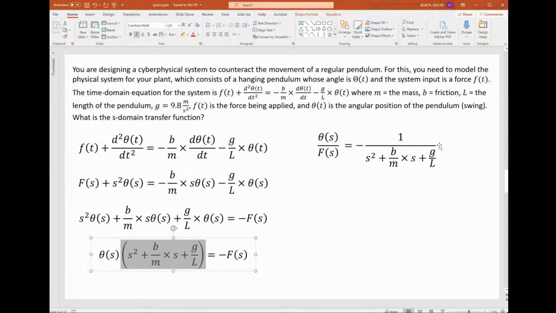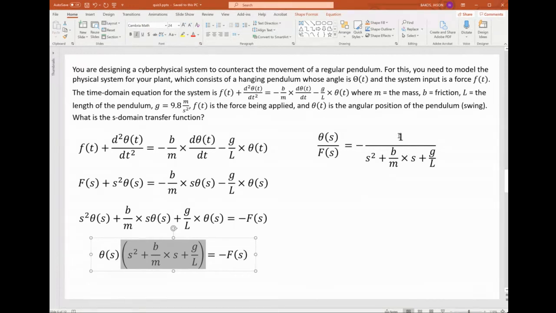Once I did that, I ended up with negative 1 over s squared plus b over m times s plus g over l. So it ends up being a proper polynomial. Now it is possible that you could get one of these with an integral in it, in which case you would end up with some negative powers of s.